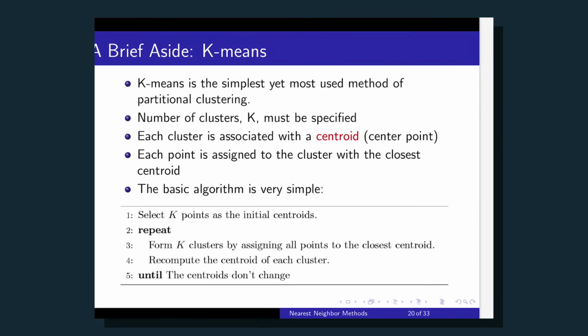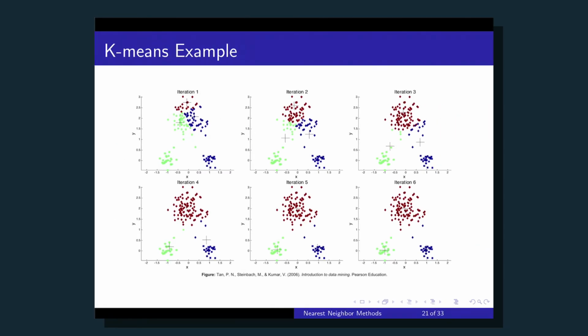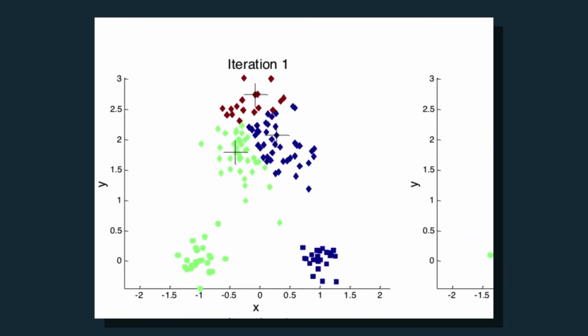So if we go through a quick example of this, let's say this is my original data, and these are my 3 random centroids. Initially, all the burgundy points are assigned to this centroid, all the green points are assigned to the green centroid, and all of these blue points are assigned to this centroid over here. Notice that the shapes are slightly different.